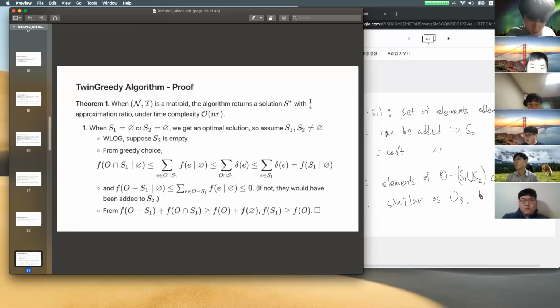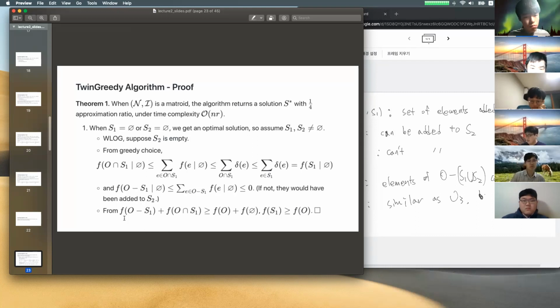Also F0 minus S1, the marginal gain of O minus S1 with respect to the empty set, is... we get this inequality too, because we know the algorithm selected adding something instead of adding to S2, so we get this thing too.